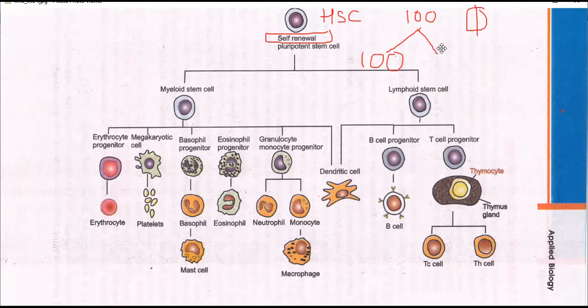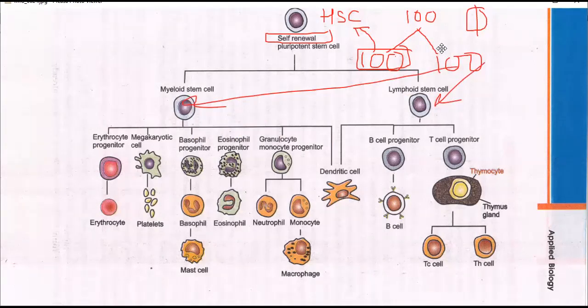So in that, 100 cells again act as hemopoietic stem cells, and the remaining 100 cells form the myeloid and lymphoid stem cells. That means after the formation of all the blood cells, you will still find 100 hemopoietic stem cells. There is no reducing number here. So that is what we call self-renewal.